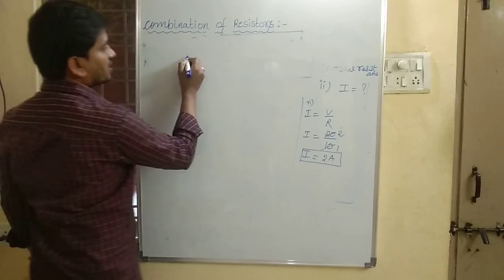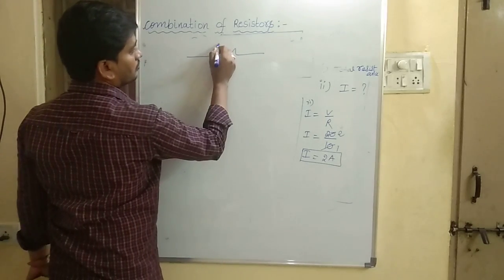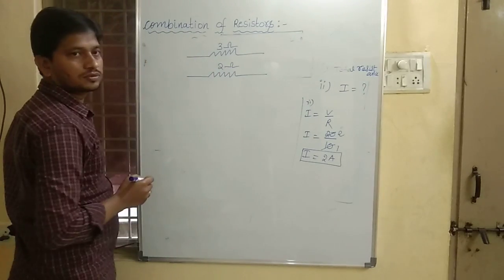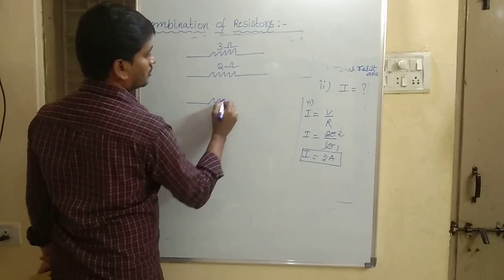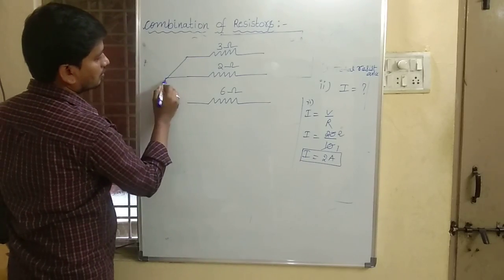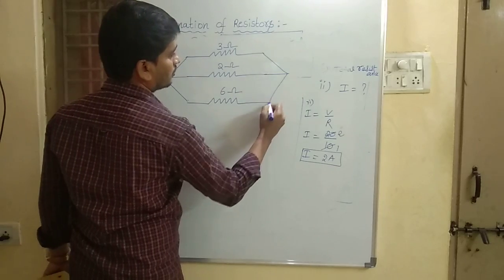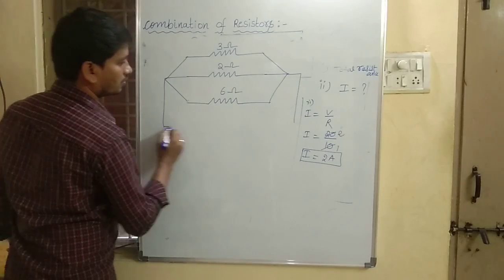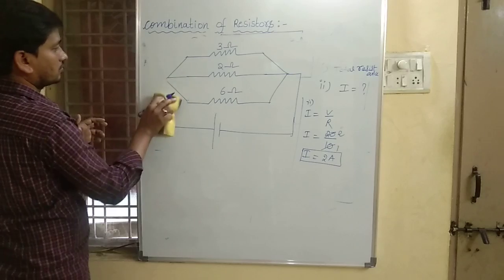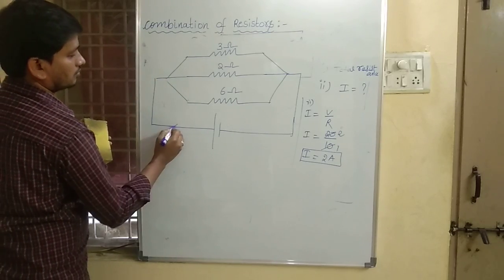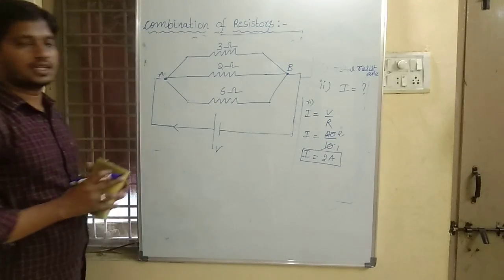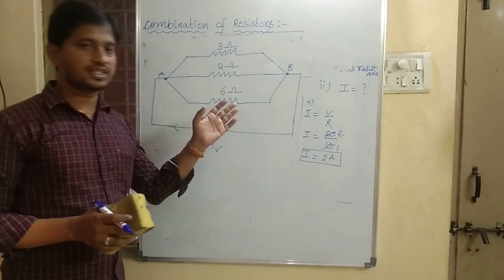For example, if the resistors are connected like this, what is the total resistance?